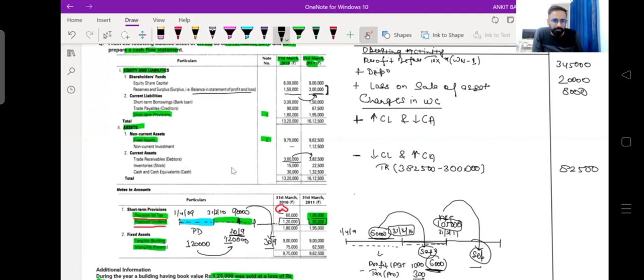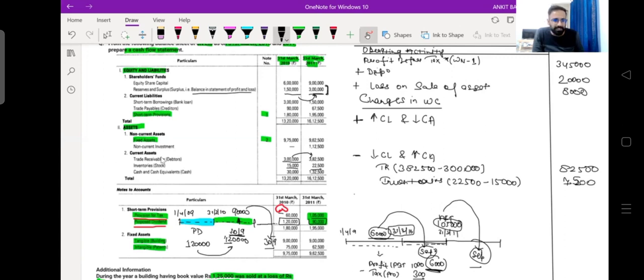Now inventories, sorry, I said investment, it is inventories. Inventories is increasing from 15,000 to 22,500. So here the balance is going to be 7,500.